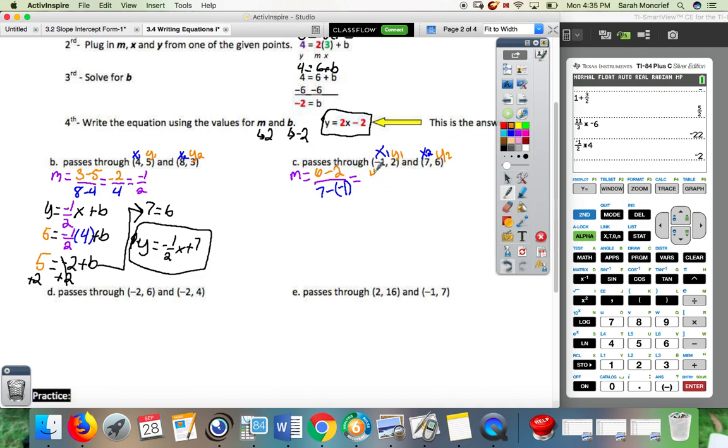That is 4. So we have 4 over. And then what happens when we subtract a negative? Those change into positives. What is 7 plus 1? That would be 8. Now can we simplify 4 over 8? Yes, by dividing both the top and the bottom by 4, which would give me 1 over 2. So my m is 1/2.